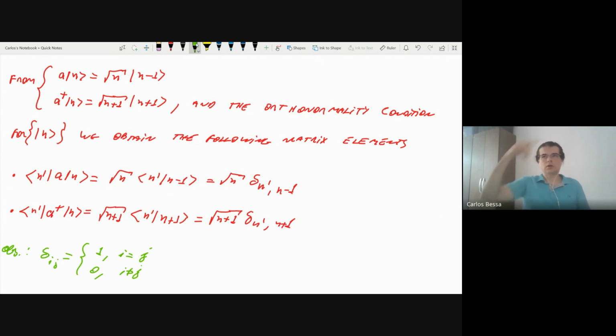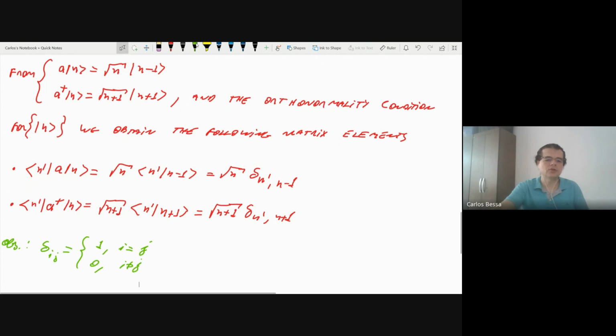The diagonal is always 0, right? Okay, but using this, we can find the representation for the position and the momentum, and then we can find the eigenfunctions.